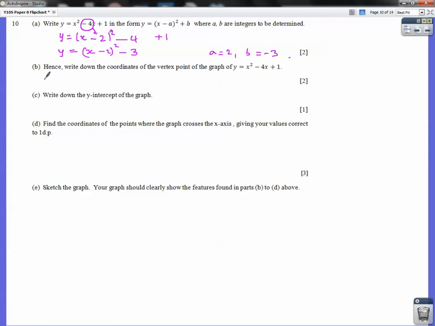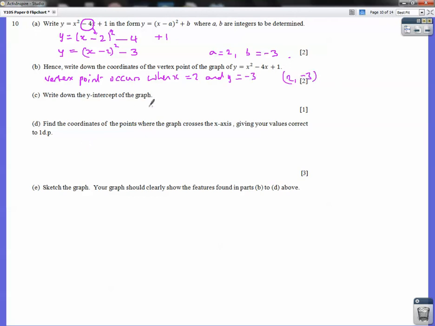So the vertex point is also our minimum point in the graph. When x is 2, I get 0 squared minus 3. So when x is 2 and y equals minus 3, we get 2 comma minus 3 as our answer.